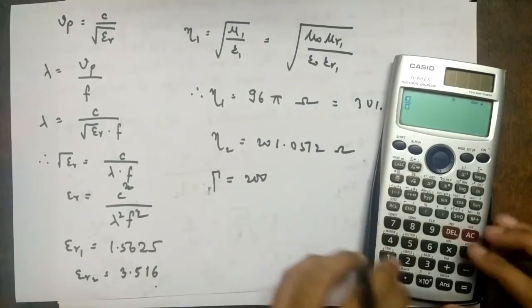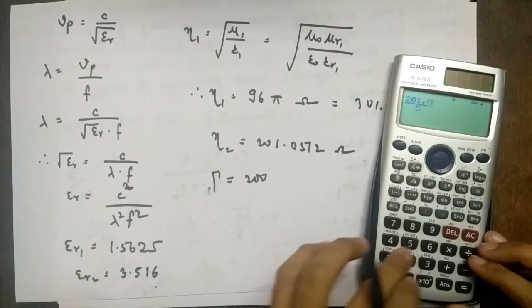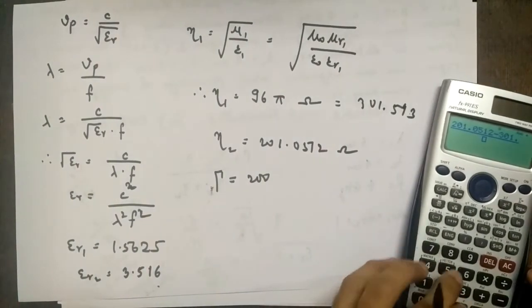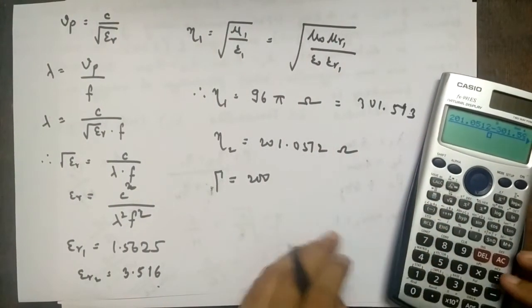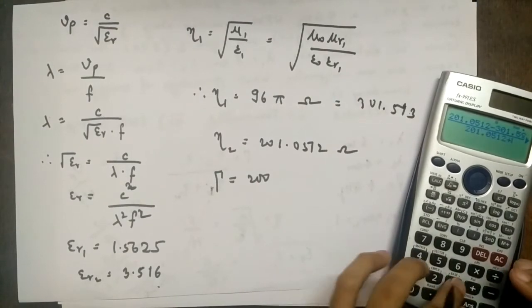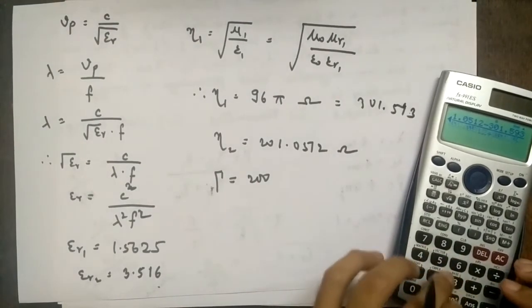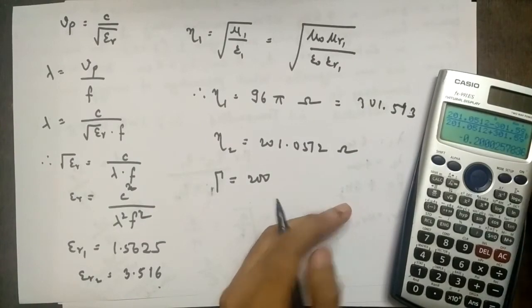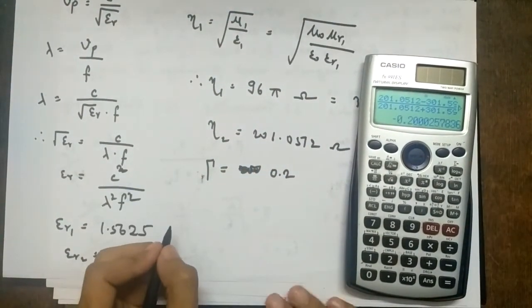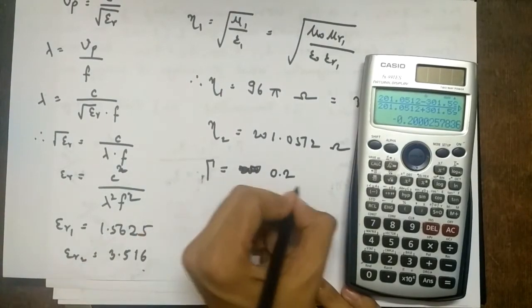Okay. So gamma is 201.0512 minus 301.593 upon 201.0512 plus 301.593. Yeah, 0.2. Take the magnitude only, because gamma cannot be negative. So it is 0.2.